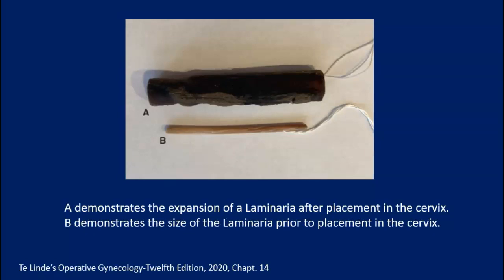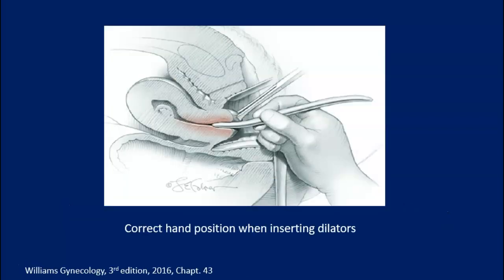As shown here, the bottom shows what most of these laminaria would look like before placement in the cervix, and the top one shows the laminaria which now has been dilated through absorption of fluid in the cervix. Of note, the laminaria also will provide some degree of mechanical dilation in addition to changes related to removal of the fluid in the cervix.